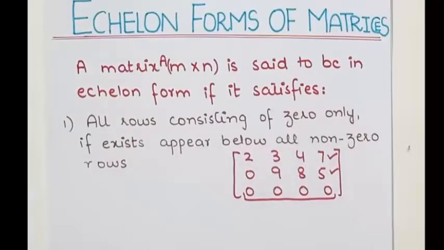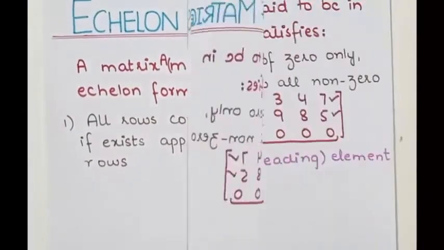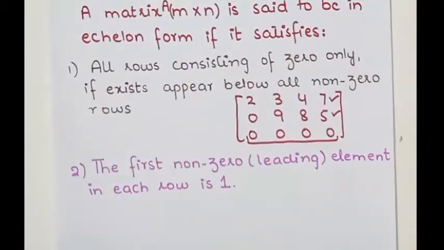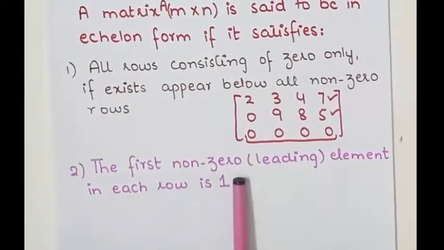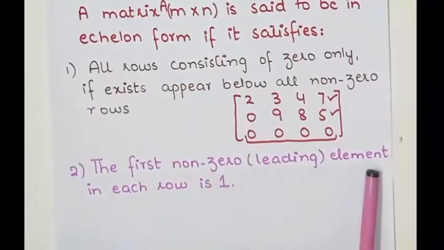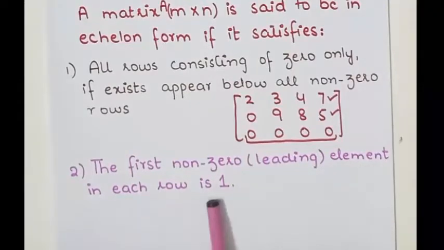Let's move towards property number 2. So property number 2 says the first non-zero, which is also called leading element in each row, is 1. What does it mean?